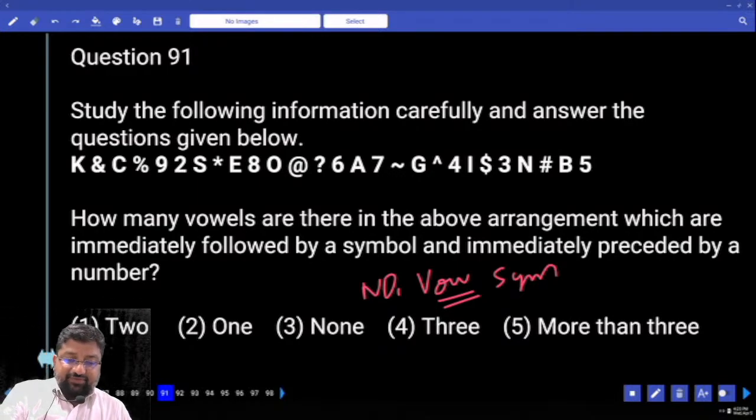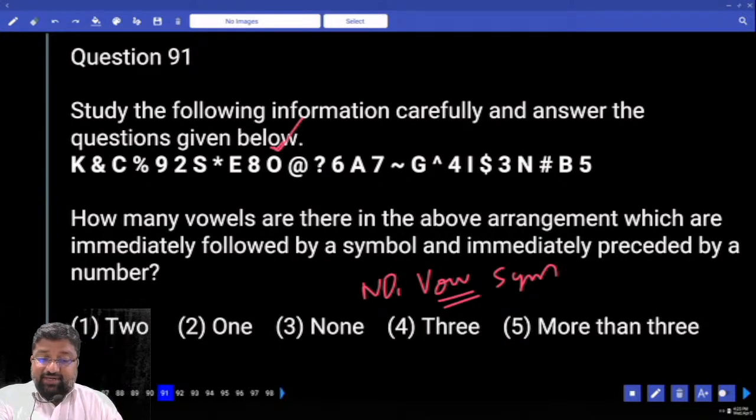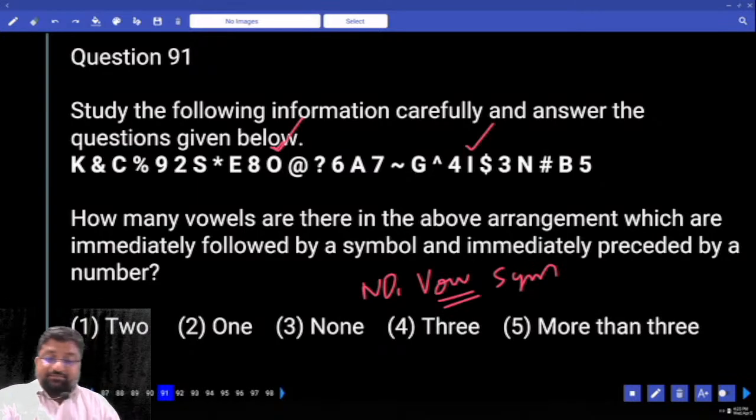Vowel first, E. Before E there should be a number, no. Next vowel, O. Before O there should be a number, after that there should be a symbol. Okay? Before A number, but after A there is no symbol. Before I number and after that also symbol. Any other? No. How many? 2. Clear?